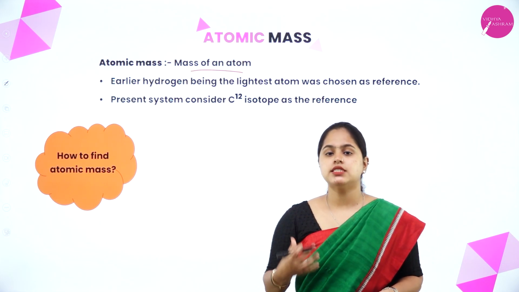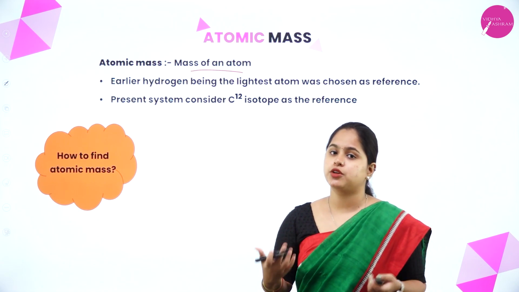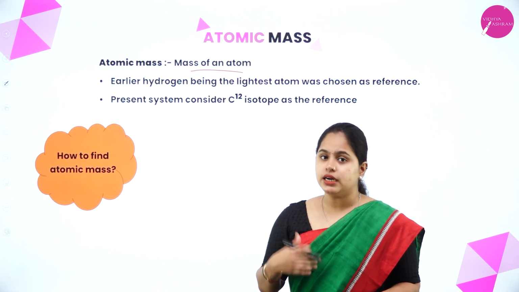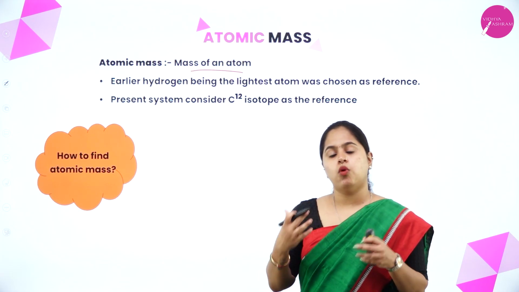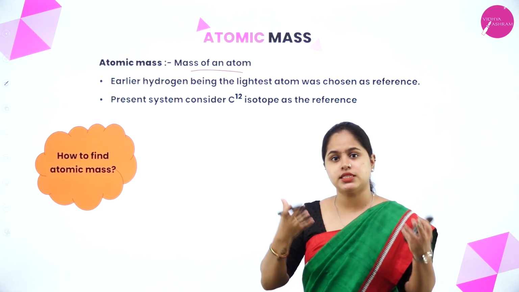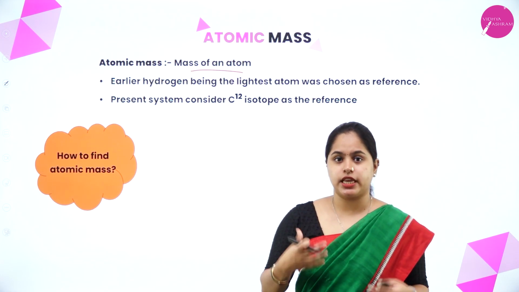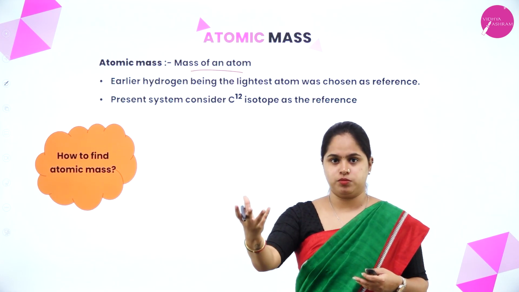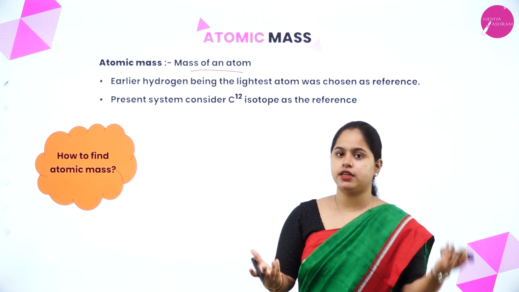Nowadays, you have methods in which you can measure the mass of an atom, which is called mass spectrometry. But earlier, you didn't have these methods, right? So, to calculate the atomic mass, it was related with something. In certain cases, if you want to identify the mass of an object, you relate it with something.